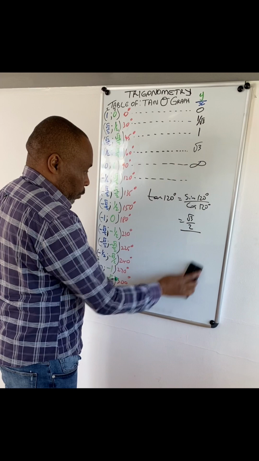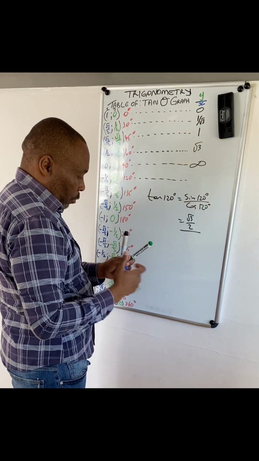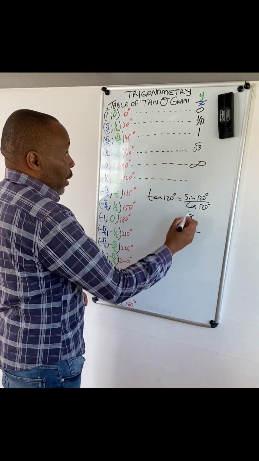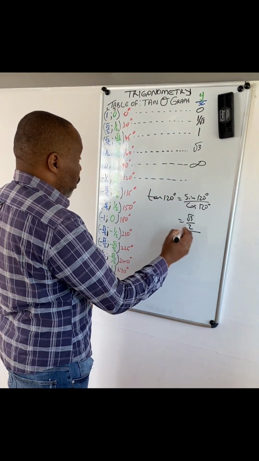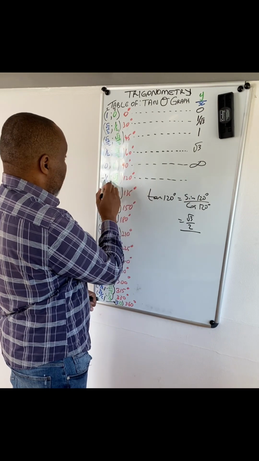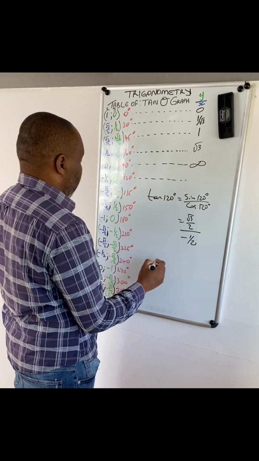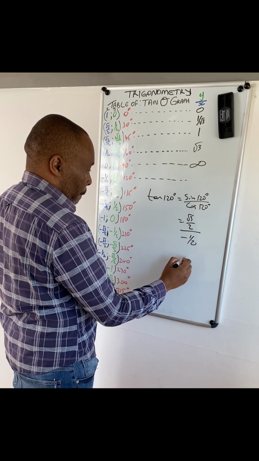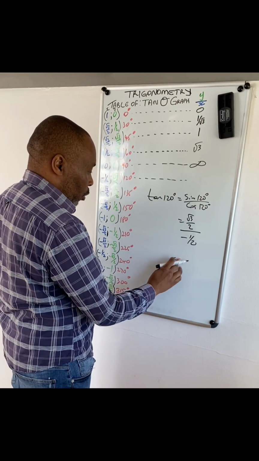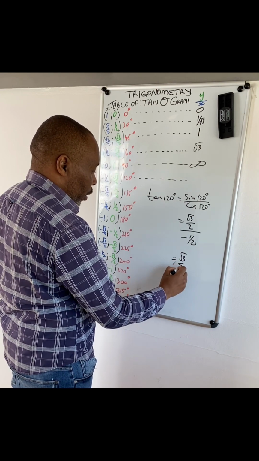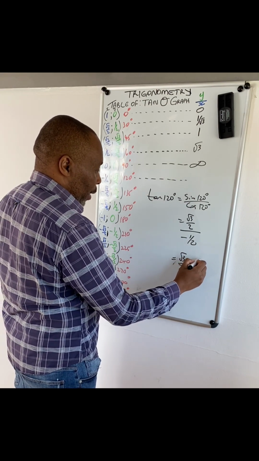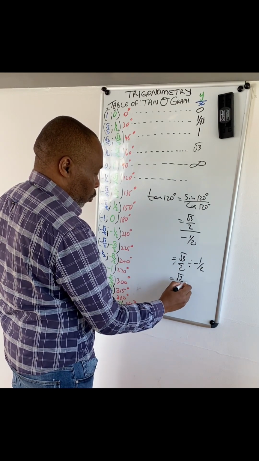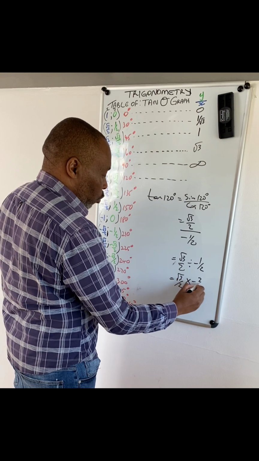So now, root 3 over 2 at 120 degrees over minus a half is equal to root 3 over 2 divided by a negative half, which is root 3 over 2 multiplied by negative 2 over 1.